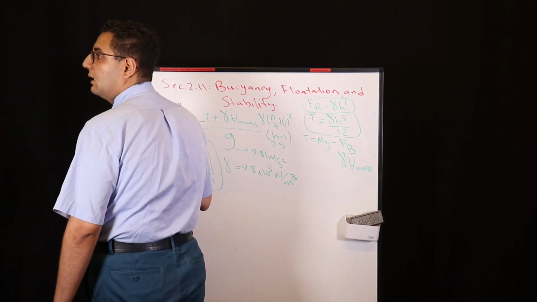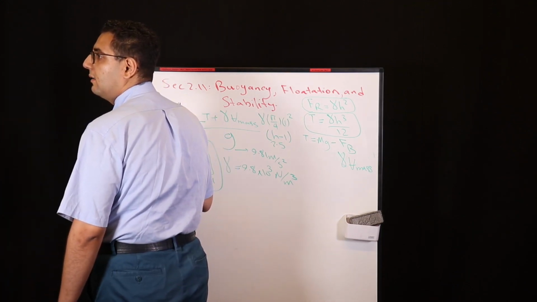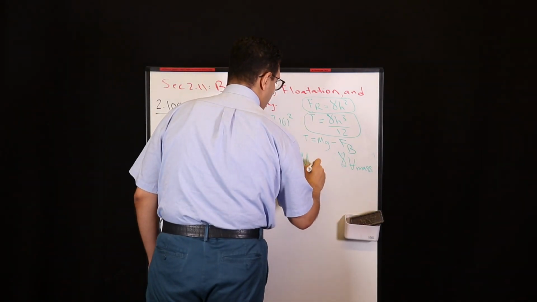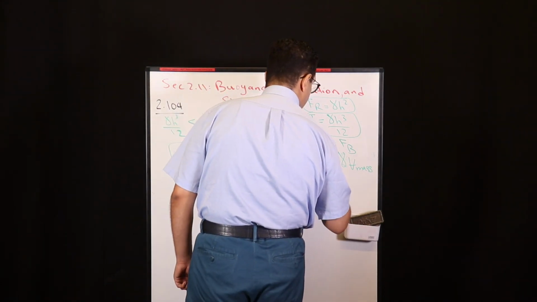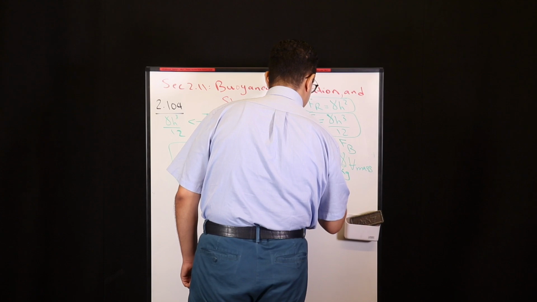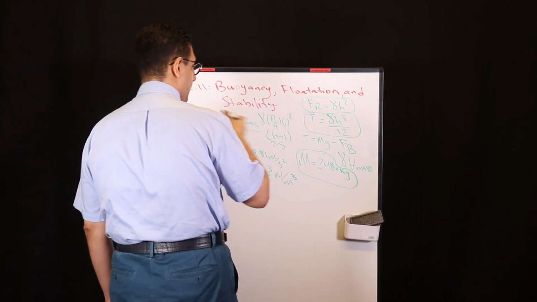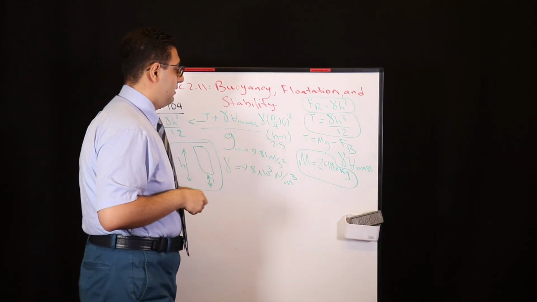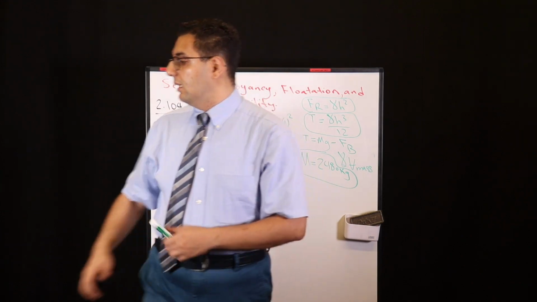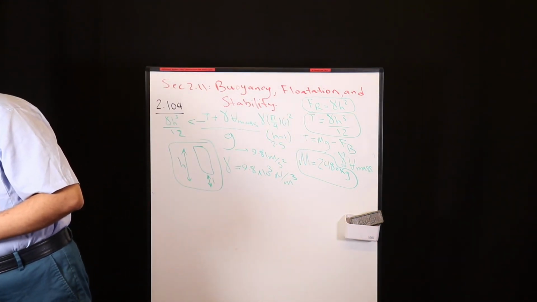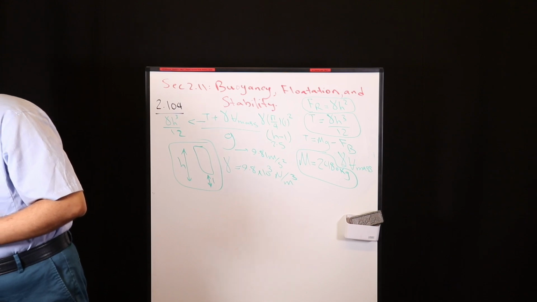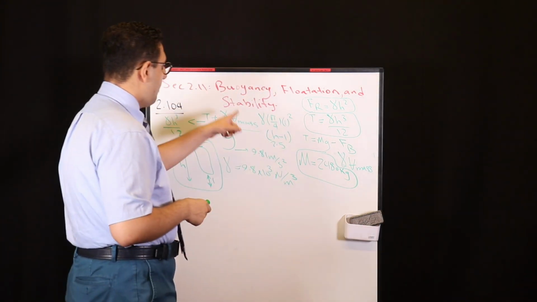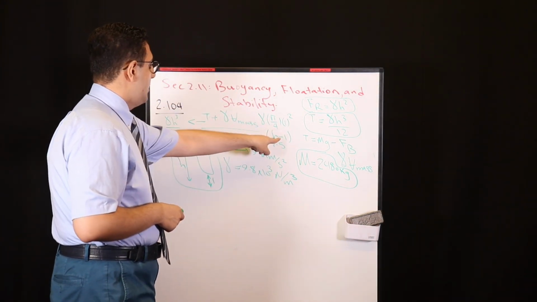Doing all of the calculations, we're going to have m as 2,480 kilograms. So this means that we have to have the mass of the cylinder as 2,480 kilograms to drop the level below 2.5 meters.